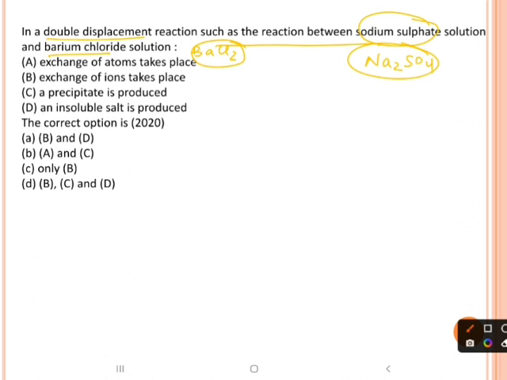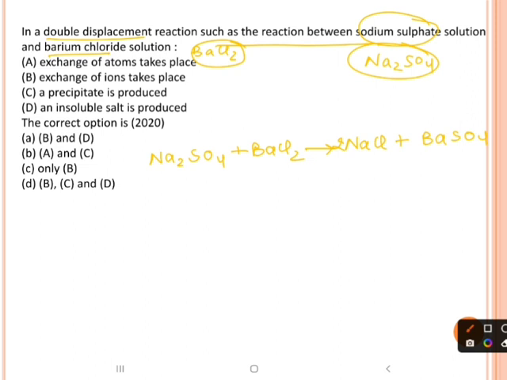First of all, write the equation. The sodium sulfate combines with barium chloride. What is it producing? It is producing sodium chloride and it is producing barium sulfate. Balance this equation if you want. After balancing, we'll easily see that here 2 will come. Now this is our equation.